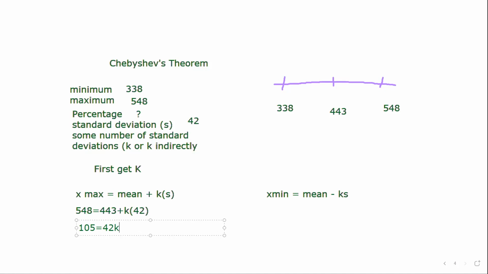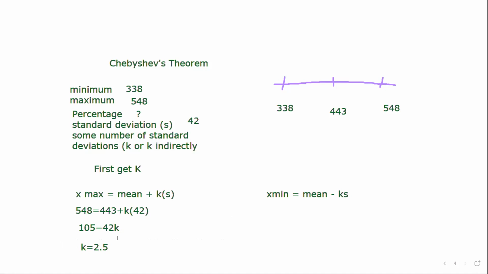I got 2.5. And that's okay for K to be a decimal. K is 2.5. So there's 2.5 multiples of 42. Now, you would get the same thing if you did it for the minimum, so you only need to do one of these equations. K is 2.5.